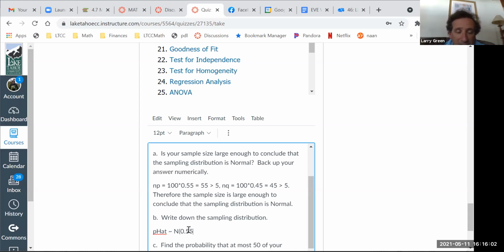Because the mean of the sampling distribution is just your proportion, your p, which is 0.55. On the other hand, the standard deviation is messier. That was the square root of pq over n, which is 0.55 times 0.45 divided by n, which was 100. Any questions on the sampling distribution?